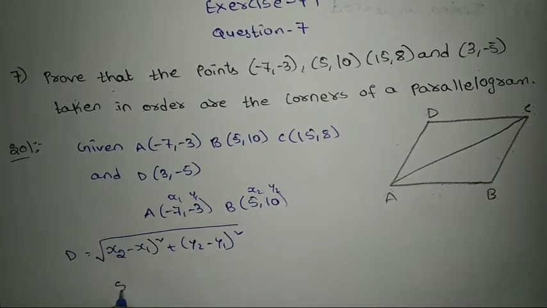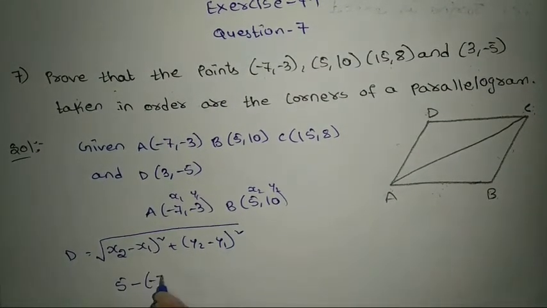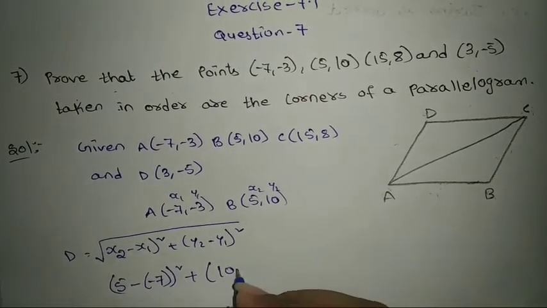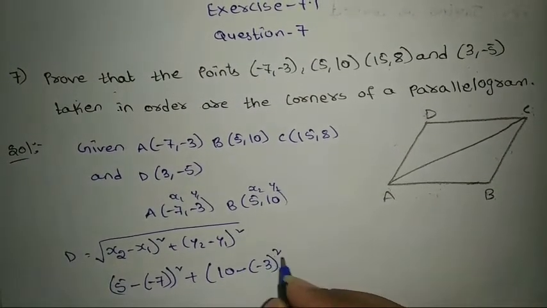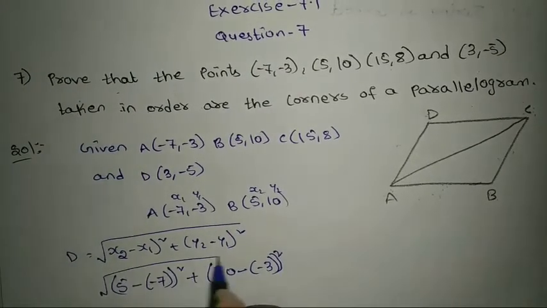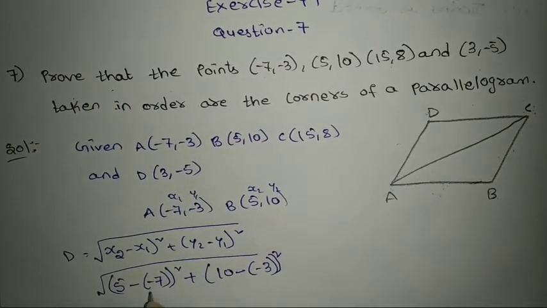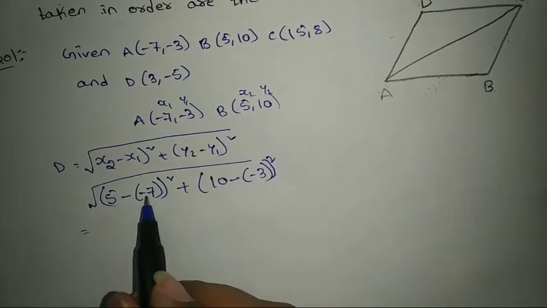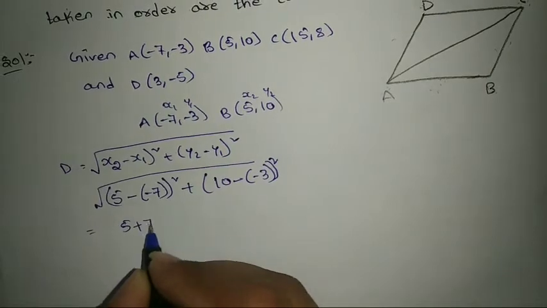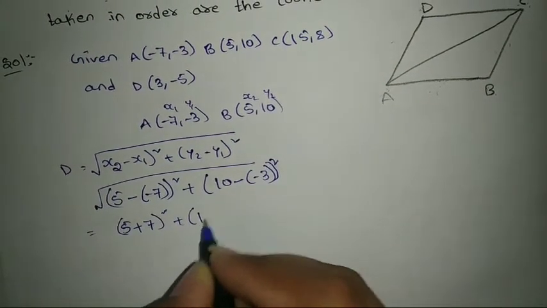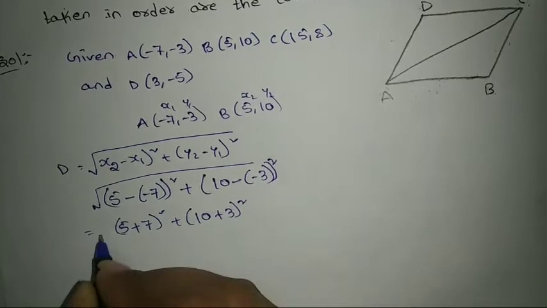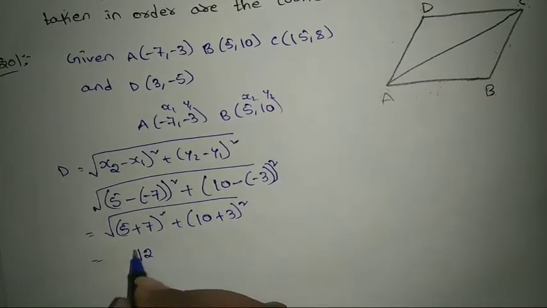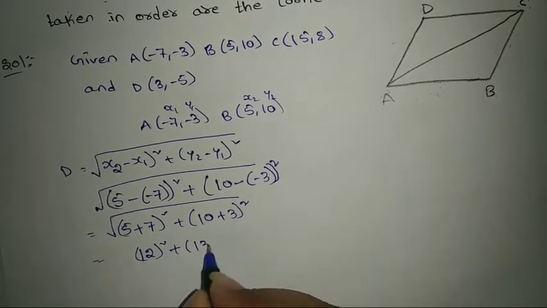Okay, so 5 minus of minus 7 whole square plus 10 minus of minus 3 whole square root of. Is equals to 5 plus 7, 12 whole square plus 10 plus 3, 13 whole square.